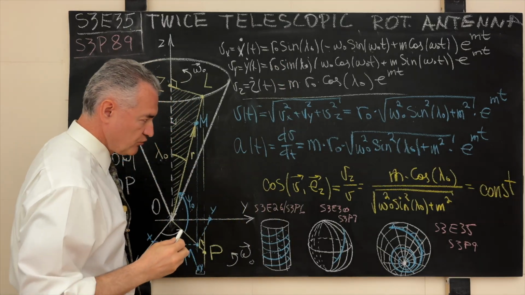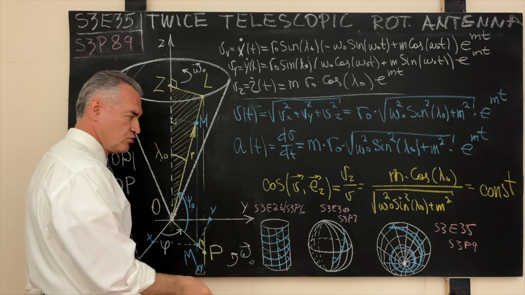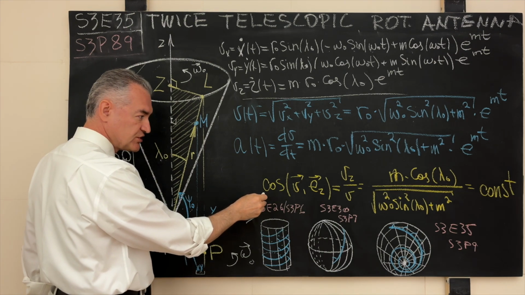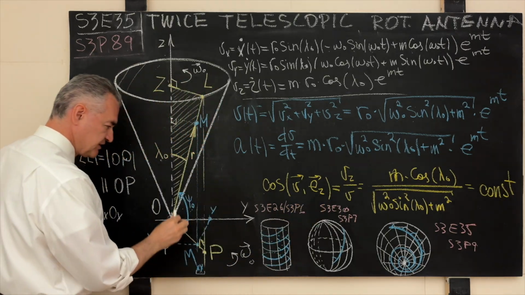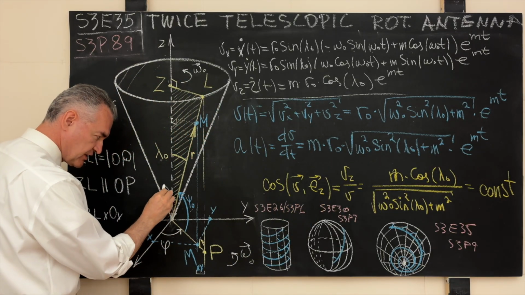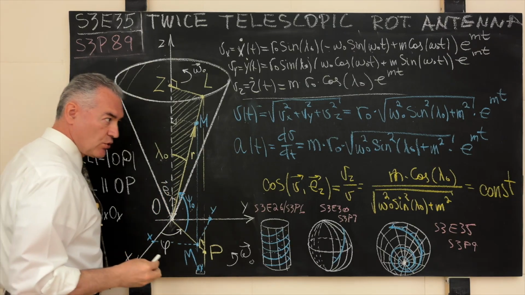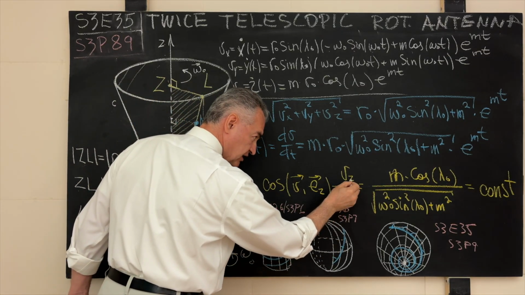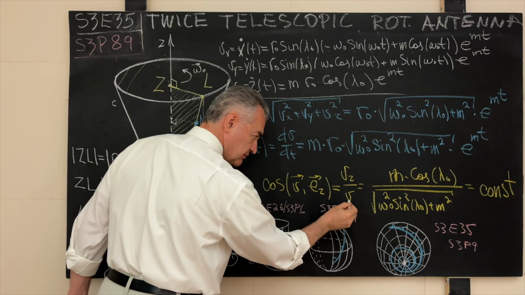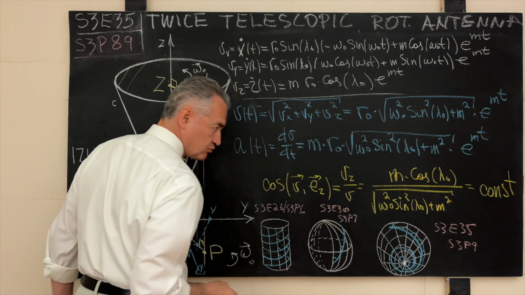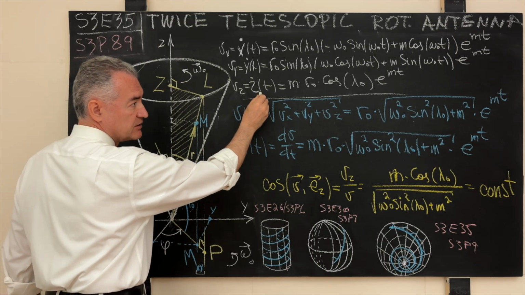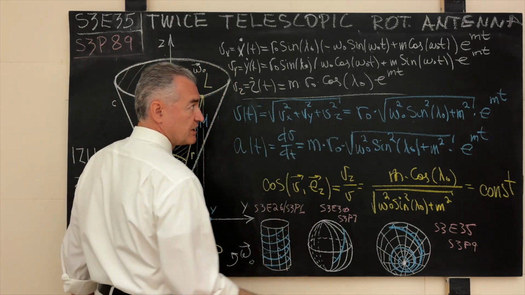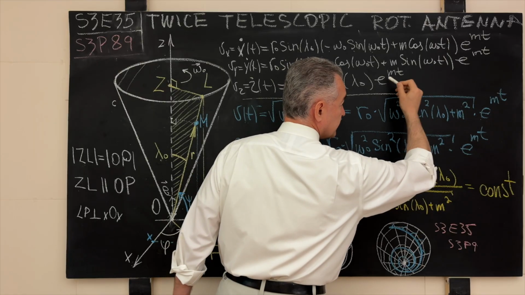The interesting thing I want to direct your attention to is over here, the direction cosine between the velocity vector and the unit vector on the z-axis, this guy. We know how to compute the ratio between the z component of the velocity and the magnitude of the velocity itself. Once you take this and divide it by this, you will see that the exponents will cancel each other out.